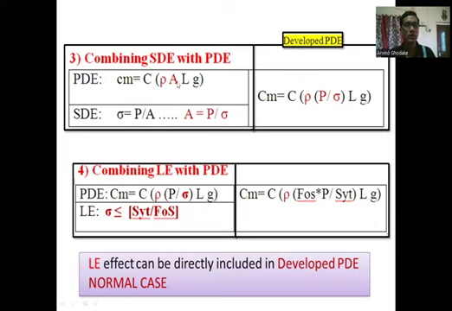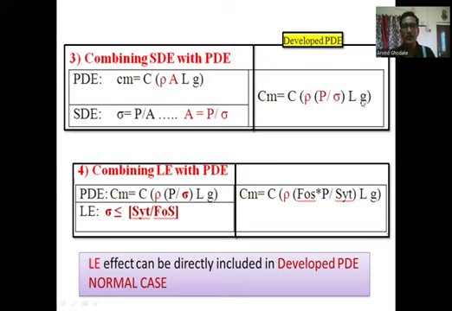So whenever we combine these two equations, area will cancel here. And what is remaining in the newly developed primary design equation? Cm is equal to C into rho into P upon sigma into L into g.